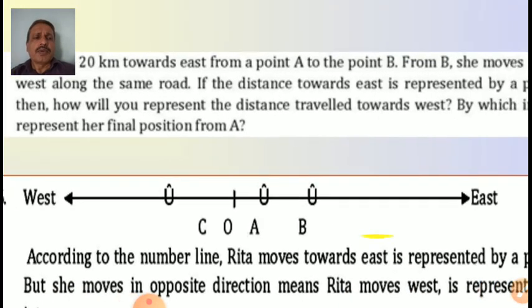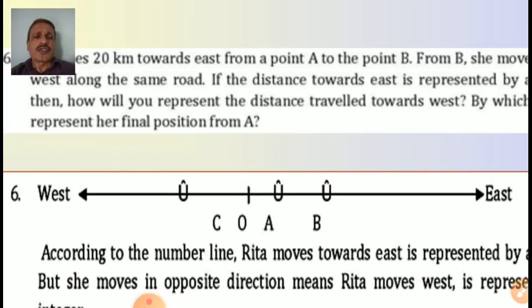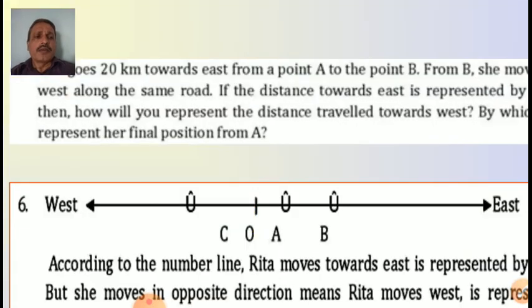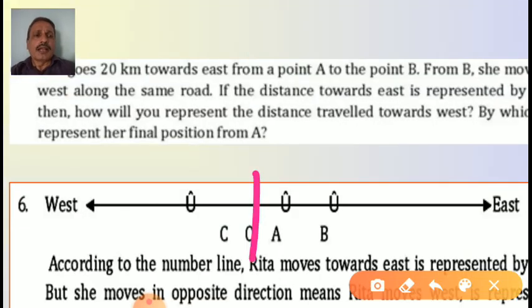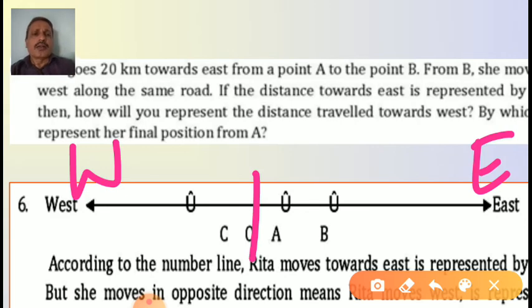It's a very simple way. See, here is the direction. In the middle, you can find 0. This direction is east and the opposite is west. First, what about 20 kilometers towards east from point A to B? From here to here, 20 kilometers. Understood, students?